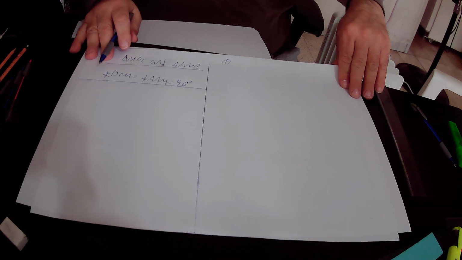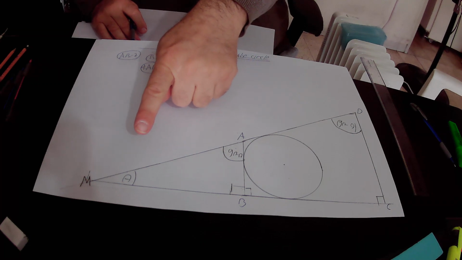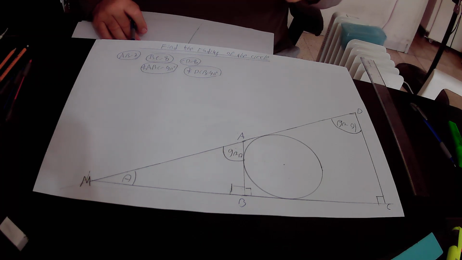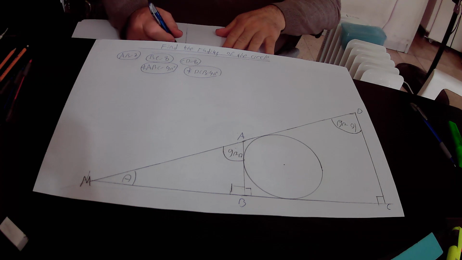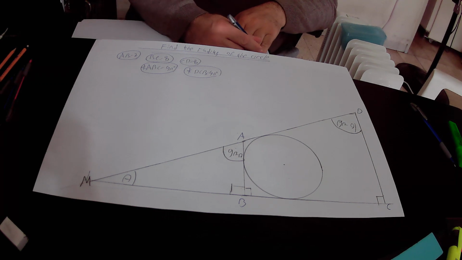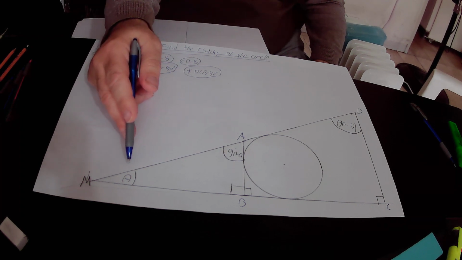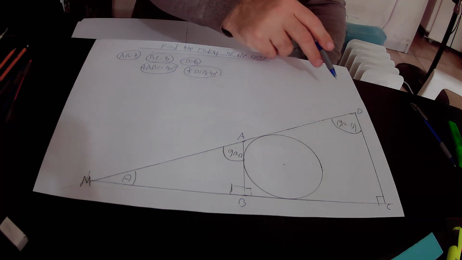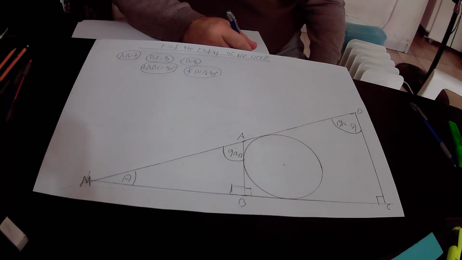In addition, this is angle theta. It is a common angle that belongs to both triangles, so we can write down that angle theta equals itself. If we relate to angle theta as it belongs to the big right triangle DCM, it will be defined as angle DMC, and it is equal to itself.